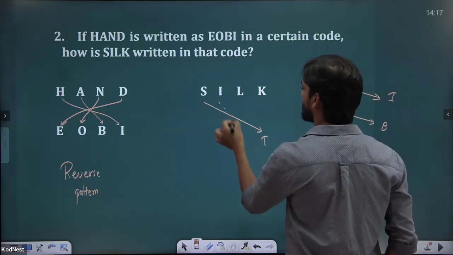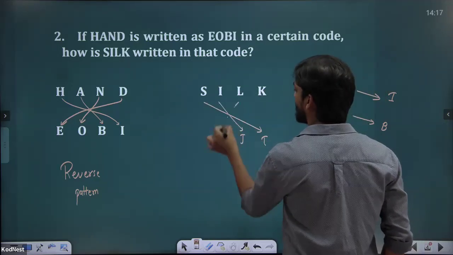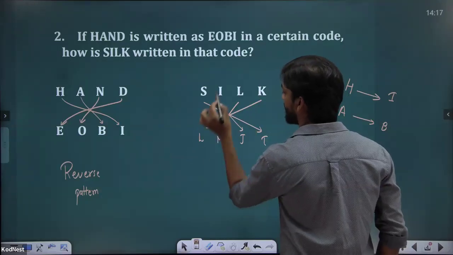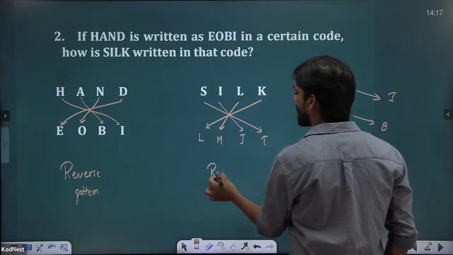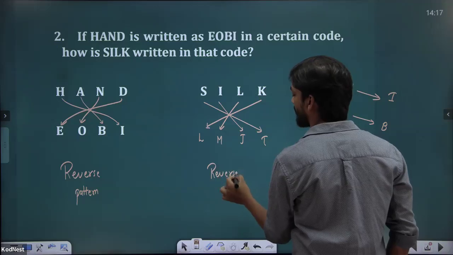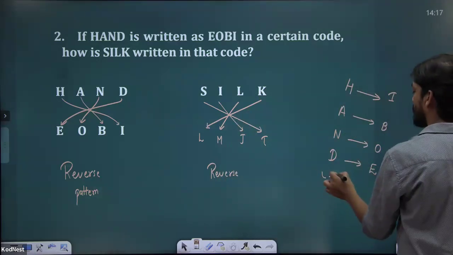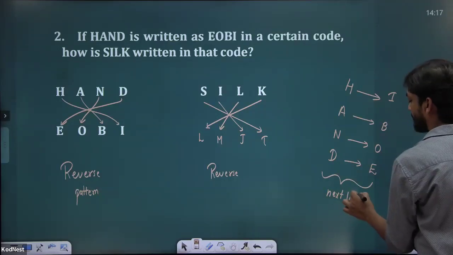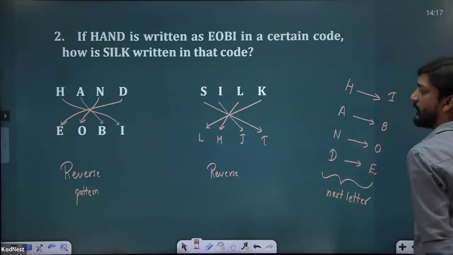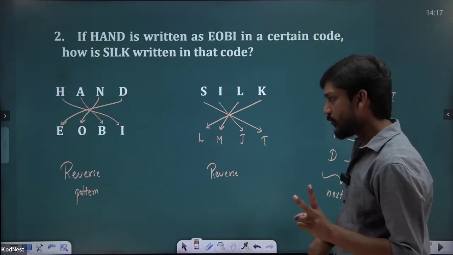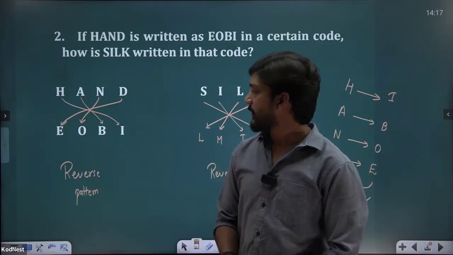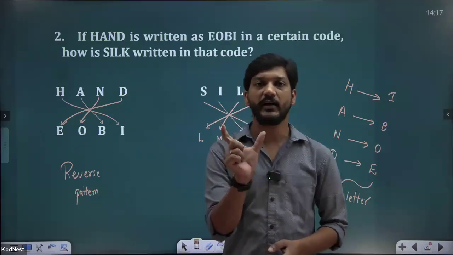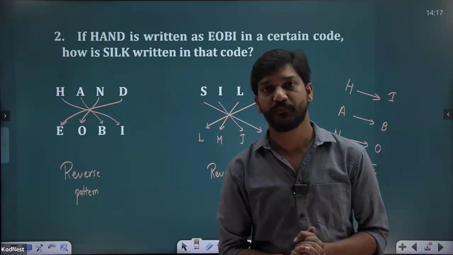S, T; I, J; L, M; and K, L. In reverse way we have to find. Okay. This also is next letter coding. All right. So the code of each letter can be written at the same place, or it can be written in a reverse way also.